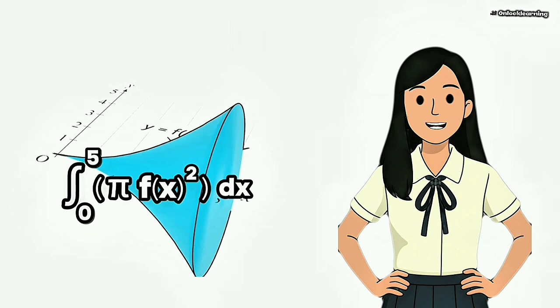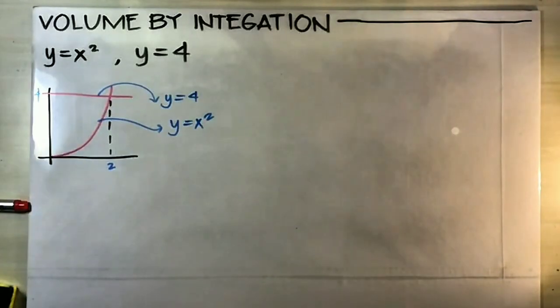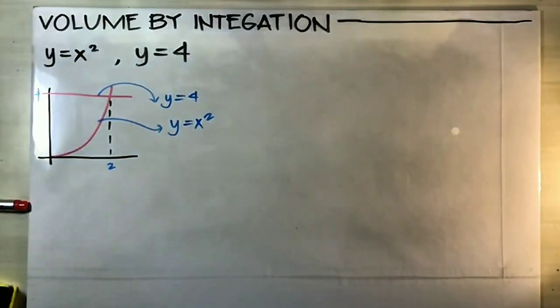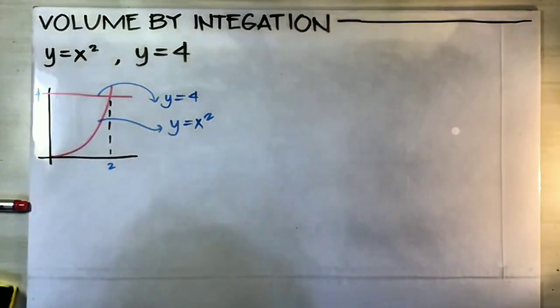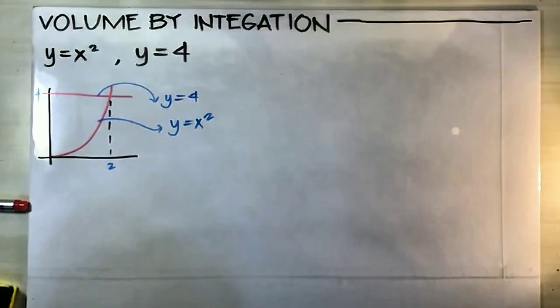Now let's take a look at this example for better understanding. So for our next example, we have the volume by integration. So we have the same example so that there will be no confusion, since we only perform one example per topic.